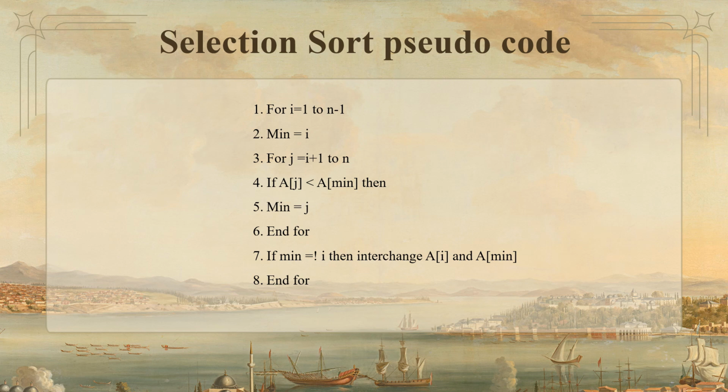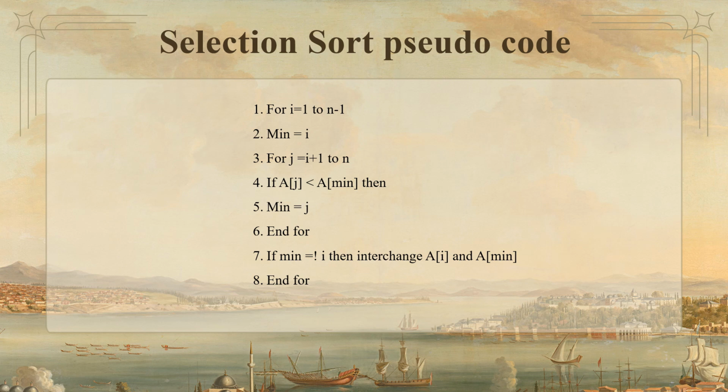Third line is for j equals i plus 1 to n. It means this loop checks the rest of the elements in the array, starting from i plus 1, to find the actual minimum value in the unsorted part.